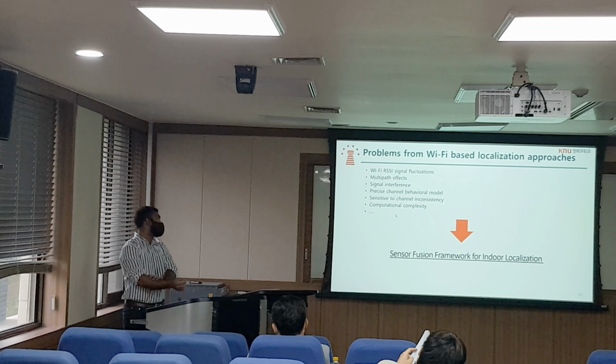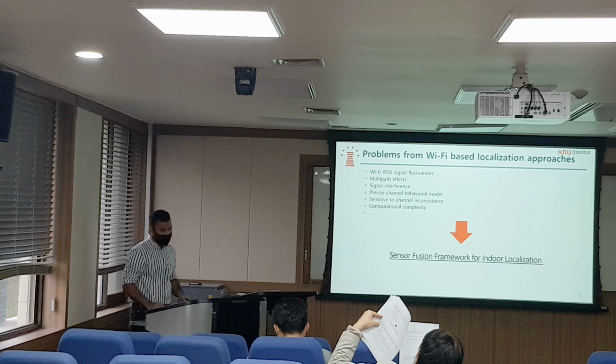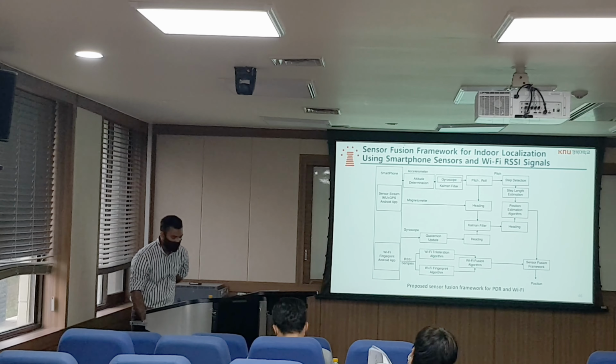To reduce all these challenges, we combine our IMU sensor data with the RSSI data. So here is our proposed sensor fusion framework. The upper part is our previously proposed IMU based localization, and the lower part is the proposed Wi-Fi based localization approach.